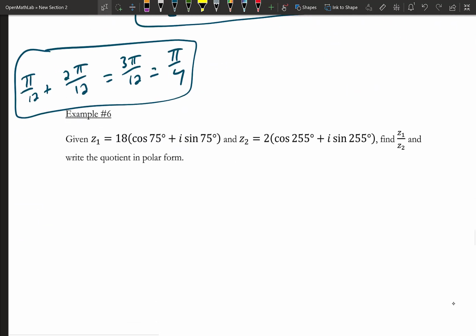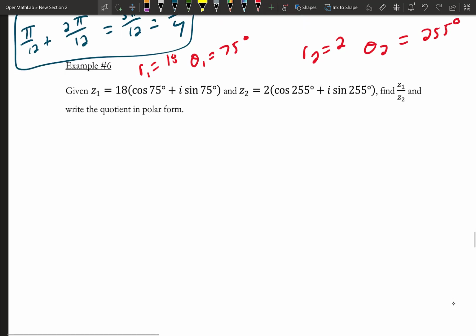So then we can do the same thing here. Looking at this, we're doing a quotient this time. So r1 is 18, and theta 1 is equal to 75 degrees. And then here, r2 is equal to 2, and theta 2 is equal to 255 degrees. We want to find that.